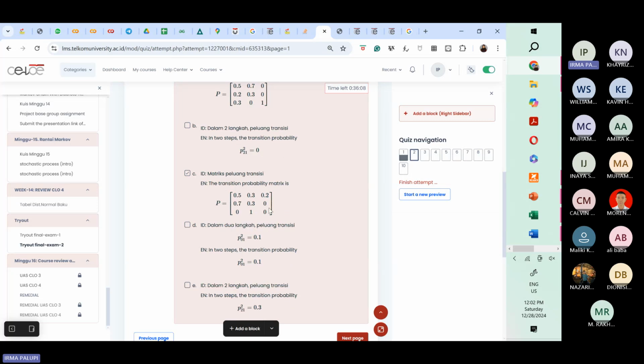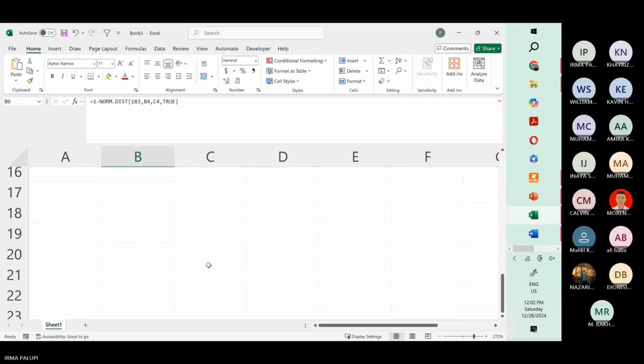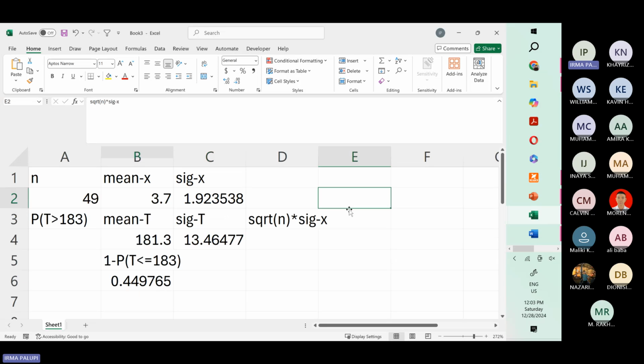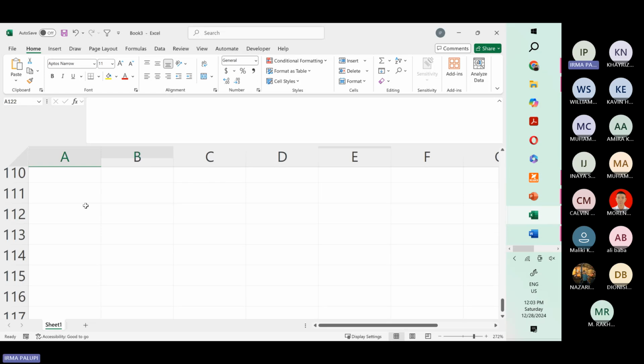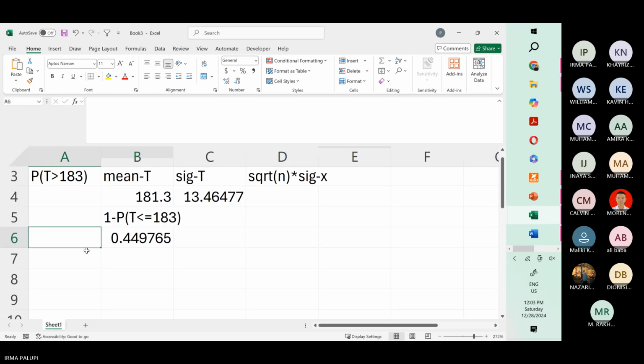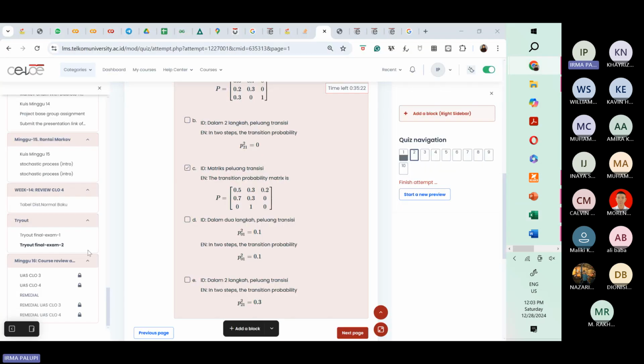The rest of this question is asking us about the transition probability in 2 steps. So you need to multiply this matrix by itself, or find P squared. Use Excel to find it. Okay, so this is the correct matrix, right?